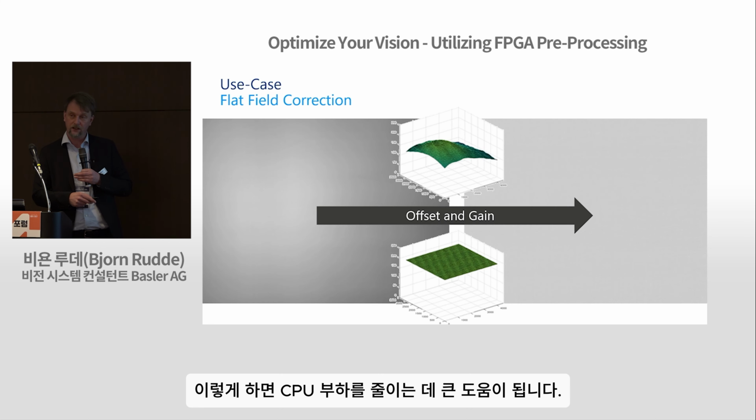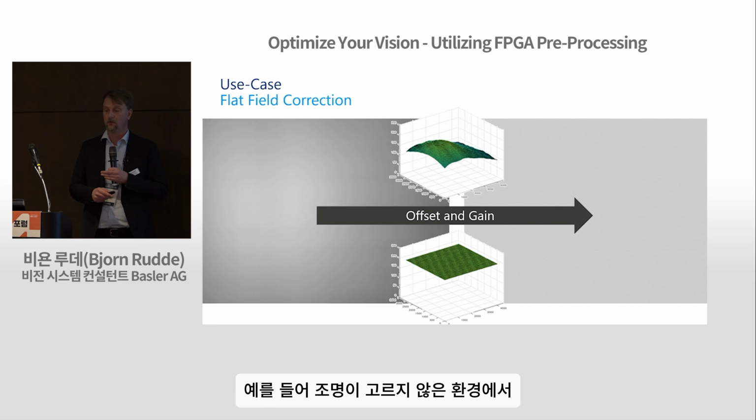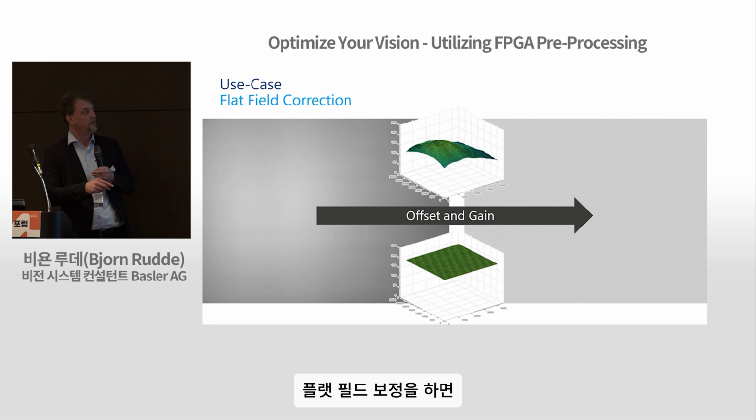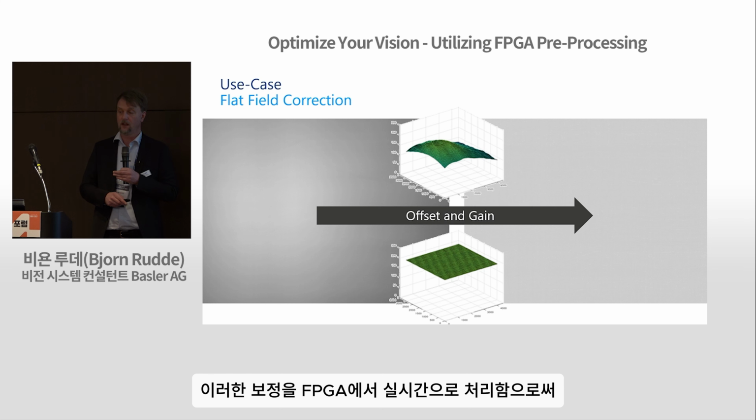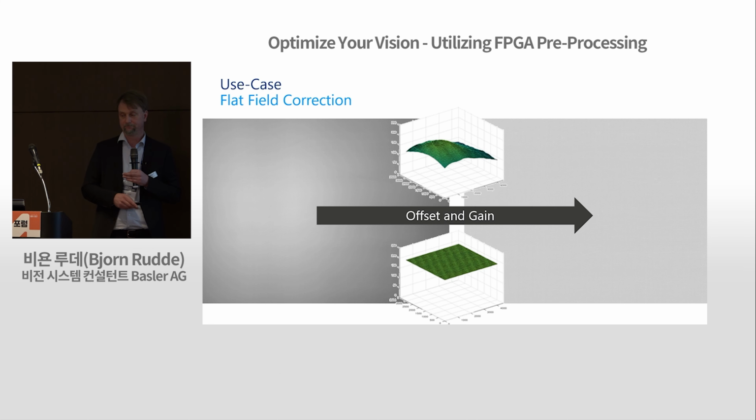And of course, it's reducing the CPU load. So when you want to use the flat field correction to go from an inhomogeneous lighting, where the corners are darker, to a very homogeneous representation of your image, you can utilize the FPGA of the frame grabber.